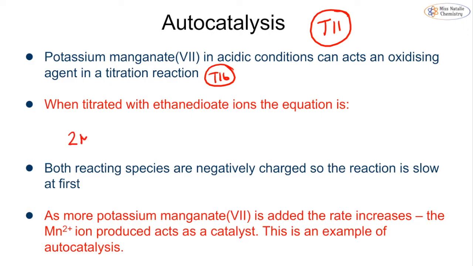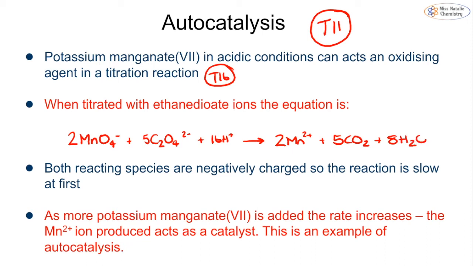We have 2 MnO4 minus plus 5 C2O4 2 minus, plus 16 hydrogens, giving you 2 manganese 2 plus, 10 carbon dioxide, and 8 waters.